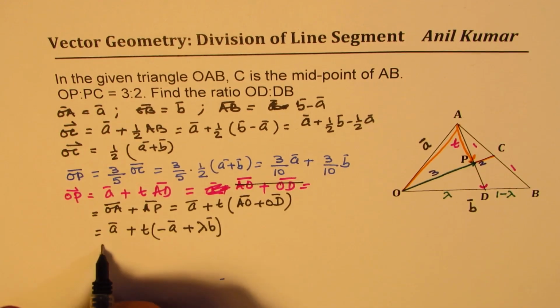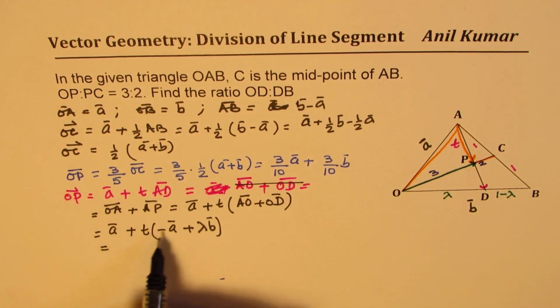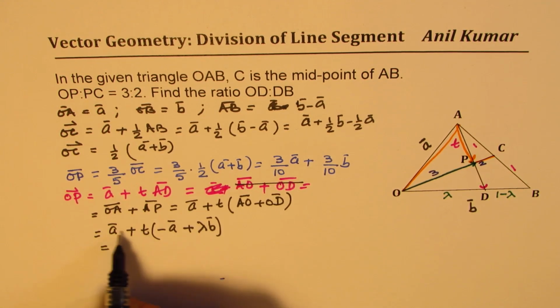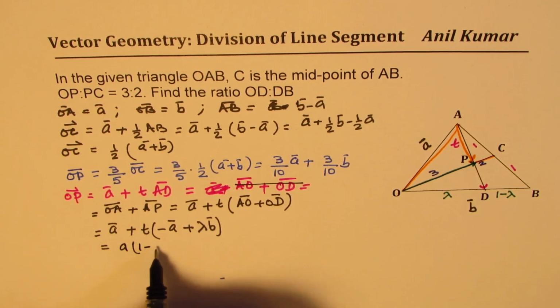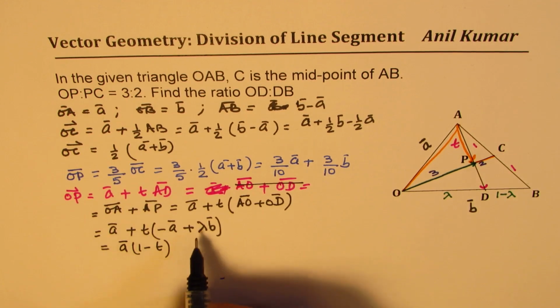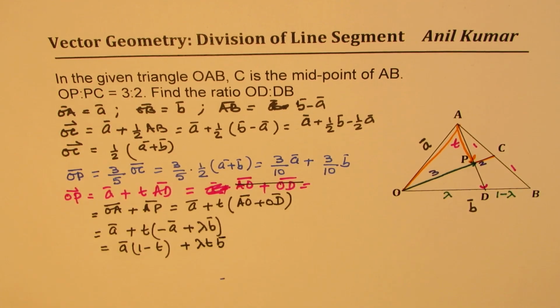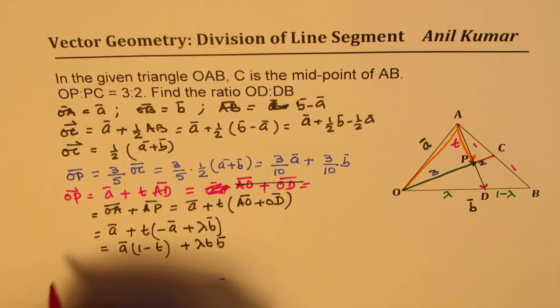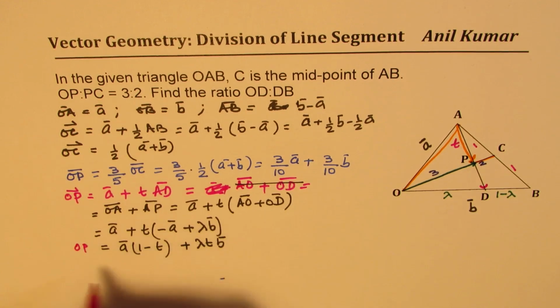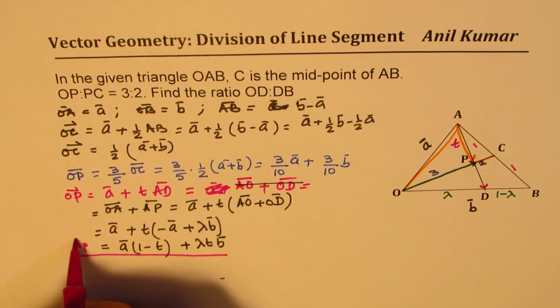Now from here we can write the terms separately for OP. So we can take A common. So we get 1 minus t as one term. The other term will be plus lambda times t times B. Okay, so we get the second equation. So we'll call this the second equation for the OP vector.